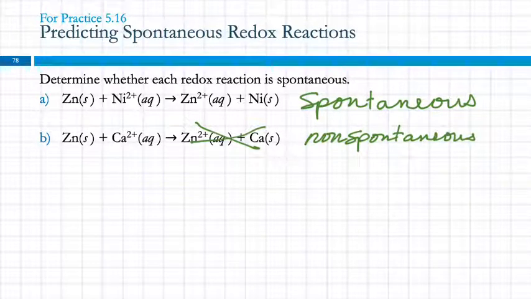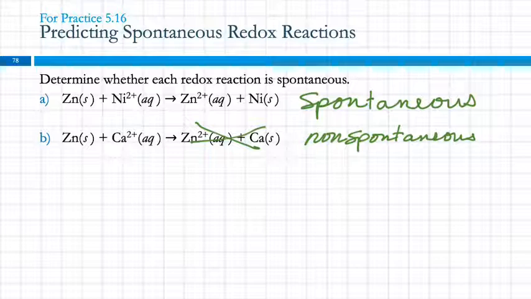Yeah, does it match with the chart or not? Does it happen or not? Spontaneous and non-spontaneous are just the terms that we use in the rest of chemistry. And what we'll find out is that you can make a non-spontaneous reaction occur, but it doesn't happen spontaneously. You have to force it to happen.